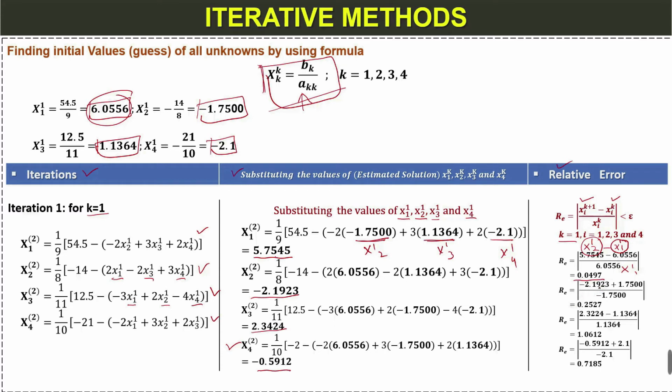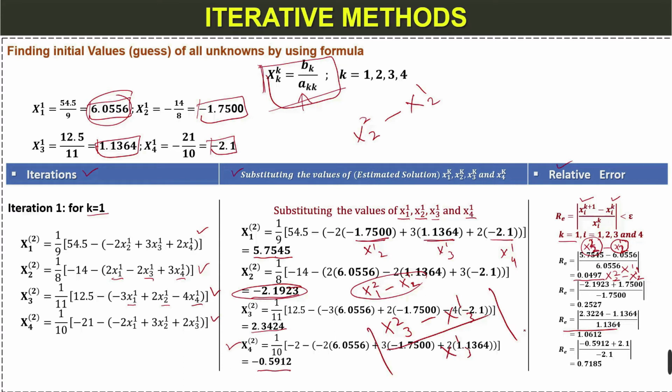Similarly for the next, this will be x22 minus the previous one, x12. And similarly for this one, x23 minus x13 divided by x13.